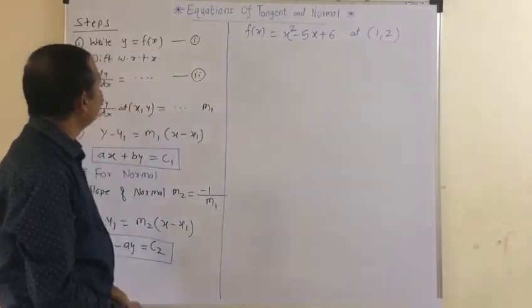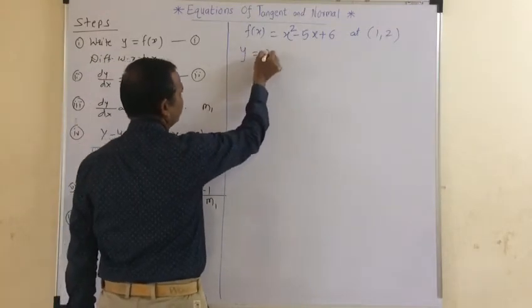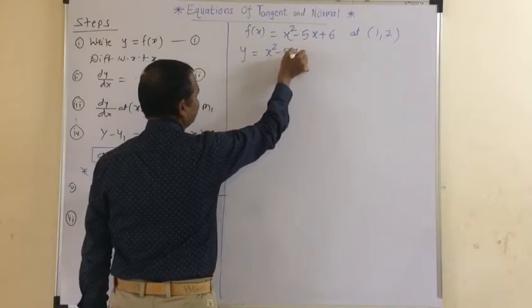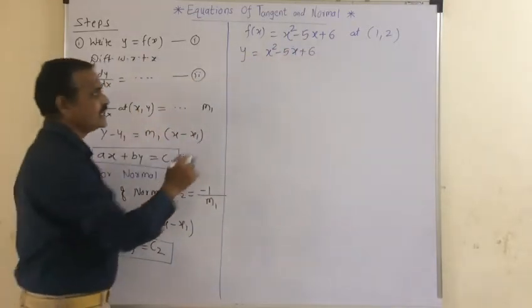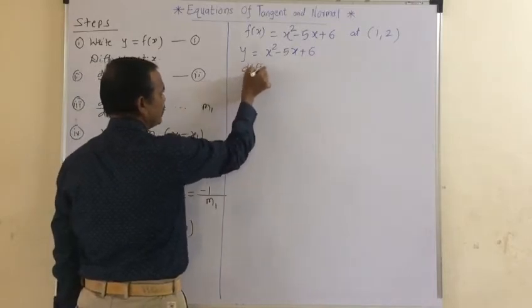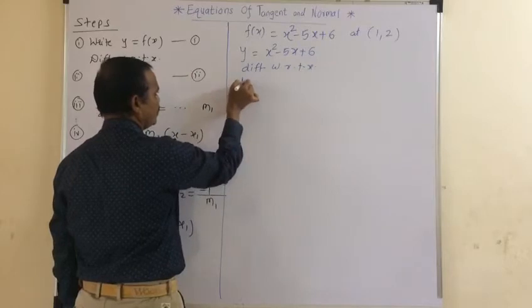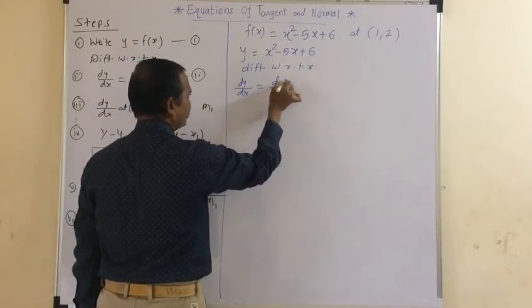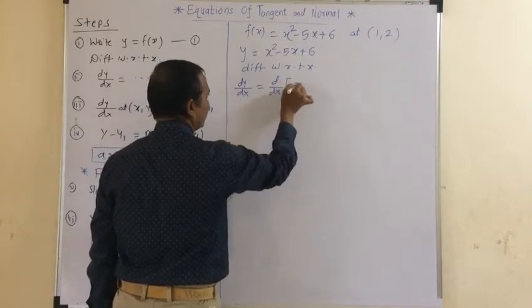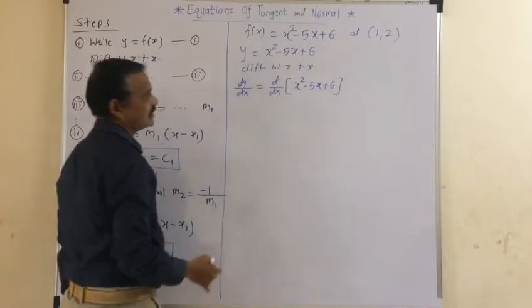So first write given function as y is equal to x square minus 5x plus 6. Now for second step we have to differentiate this equation with respect to x. Differentiate with respect to x, we get dy by dx is equal to derivatives of x square minus 5x plus 6.